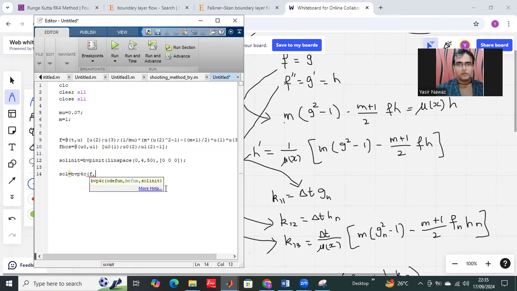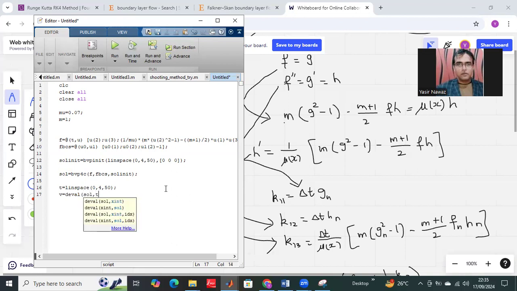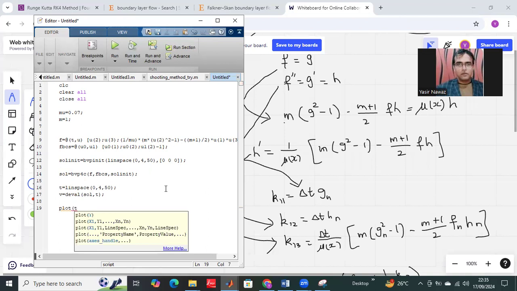Here the first is the function for the equation, then the boundary conditions, then the initial value, and then x is equal to 0 to 4 with 50 grid points, and then the solution at x, and then plot x and the derivative.